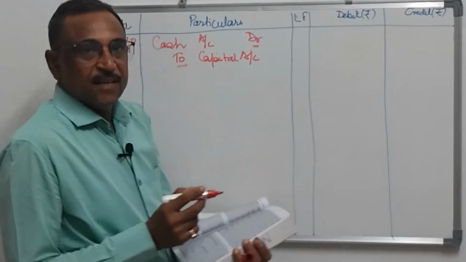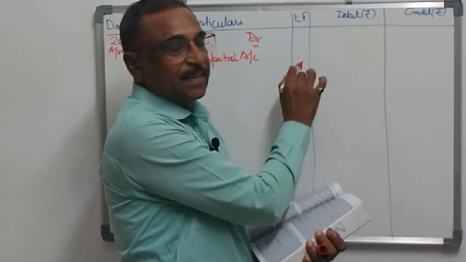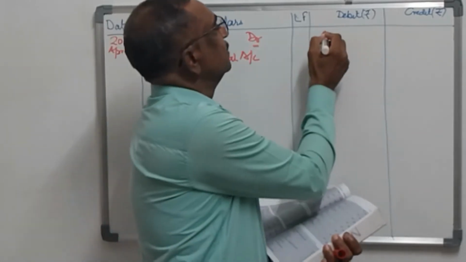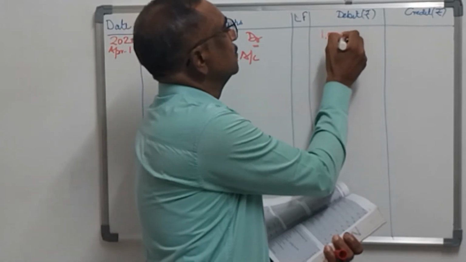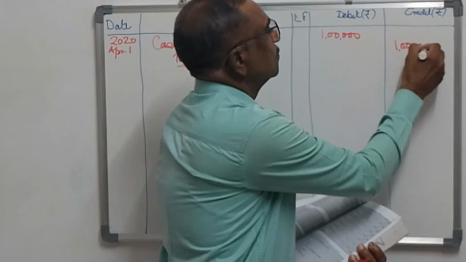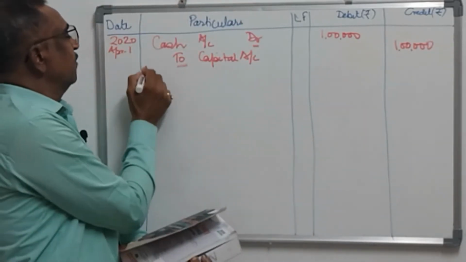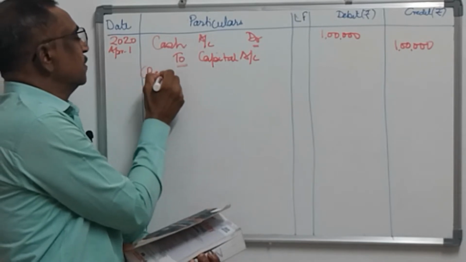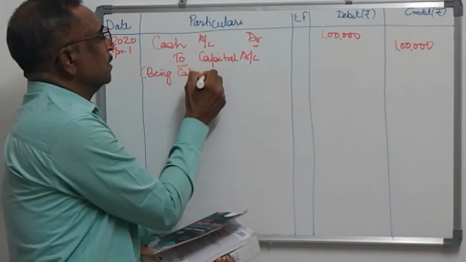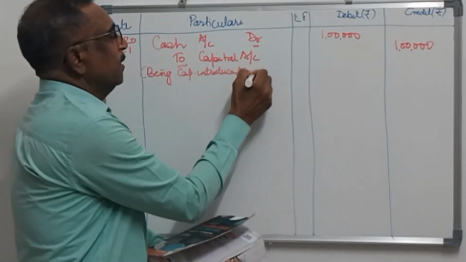So, as I told you in the morning, in ledger folio we are not supposed to write anything. So, amount is 1 lakh. Okay. So, we will have a narration being capital introduced by Pawan.